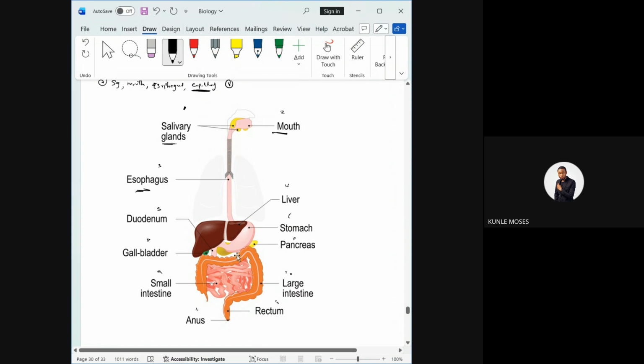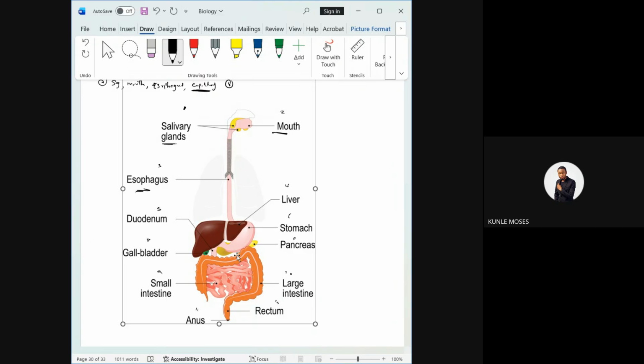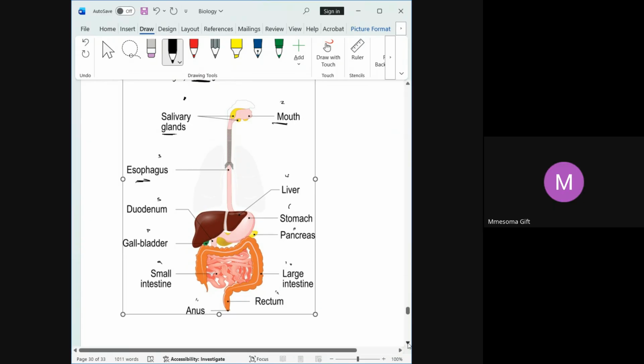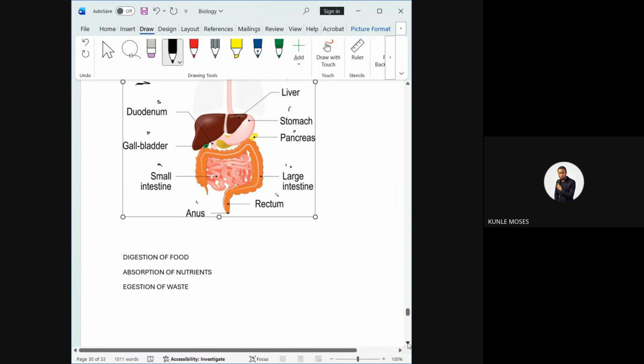Or do you want me to give you the individual functions of all these organs one by one? Majority of the time, JAMB does not ask for the individual function of the duodenum or esophagus, but they can ask you. So sometimes they ask for the collective function. But if you want me to give you the individual function, I can give you. So I said the major things are the digestion of food, the absorption of nutrients, and the ejection of waste. So that is how we got here. Is that taken?